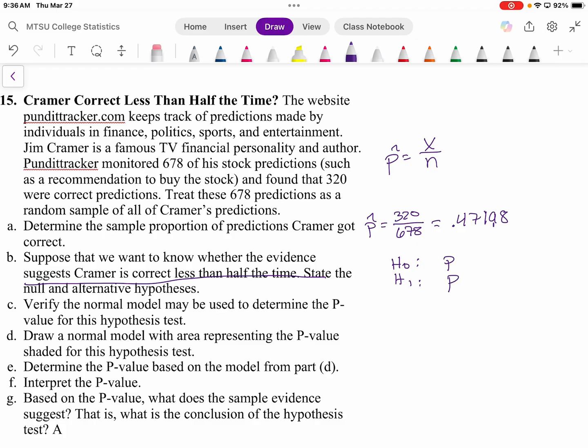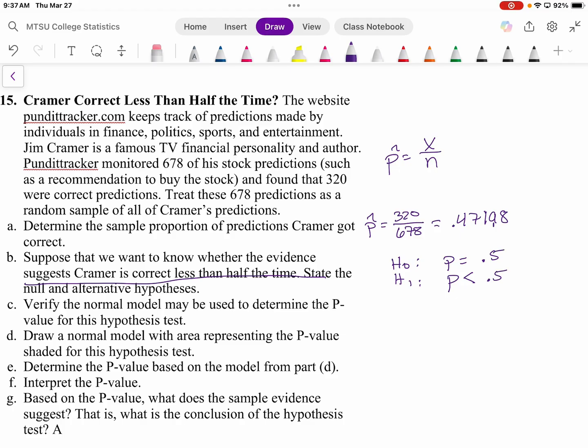Our parameter is going to be p. We know the null hypothesis is equal to. They use the terminology less than, so I know the alternative hypothesis has got to be a less than. And they do say less than half the time. What decimal represents a half? Yeah, 0.5.